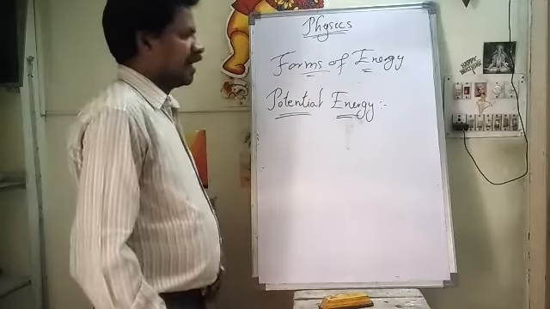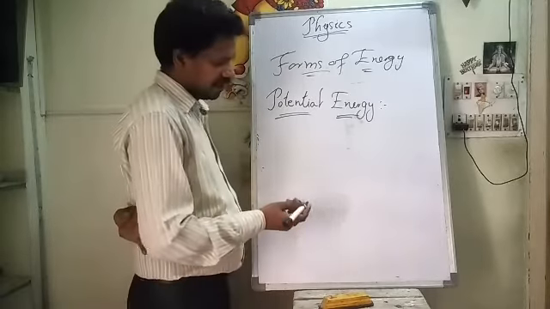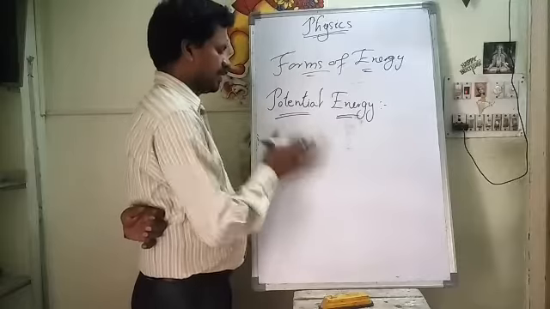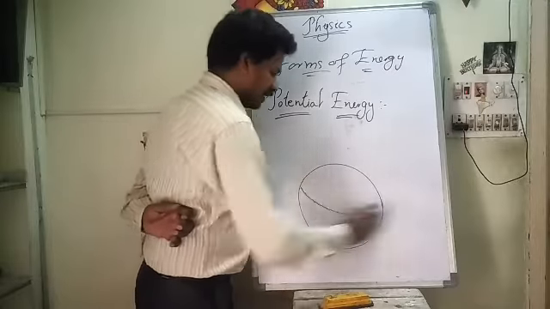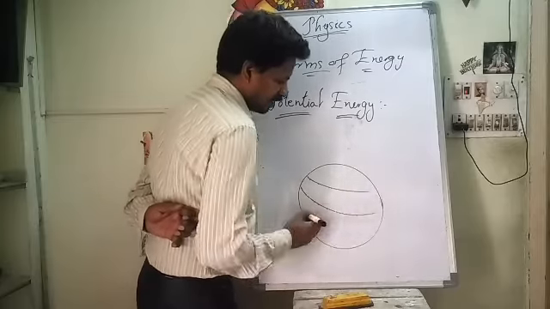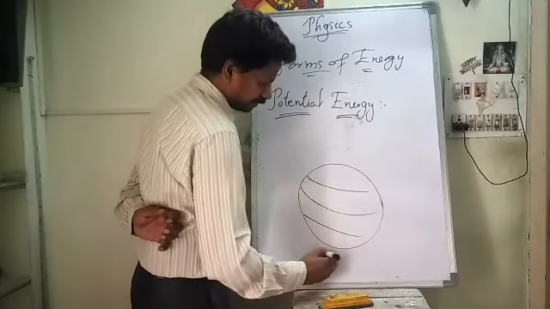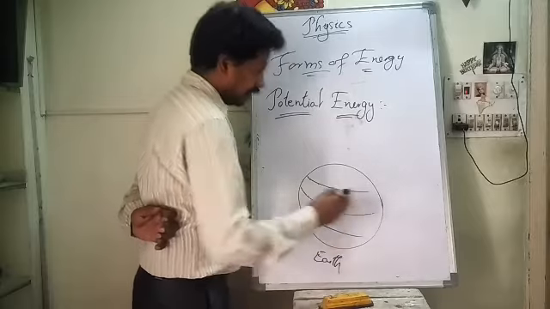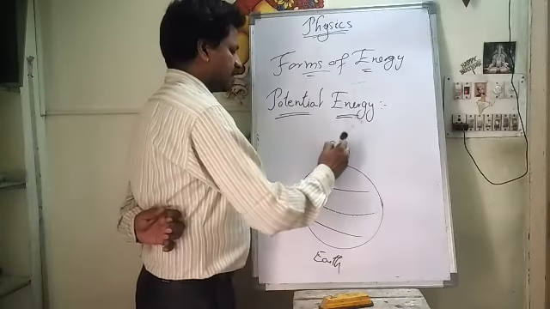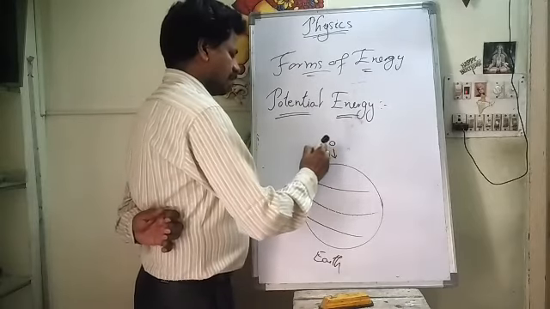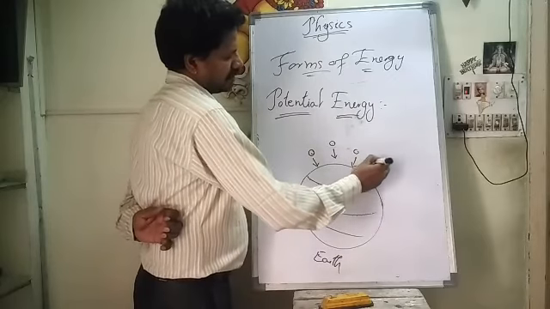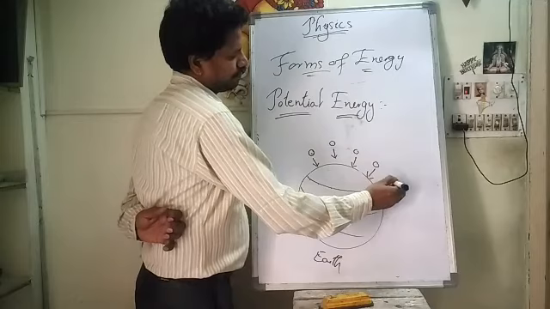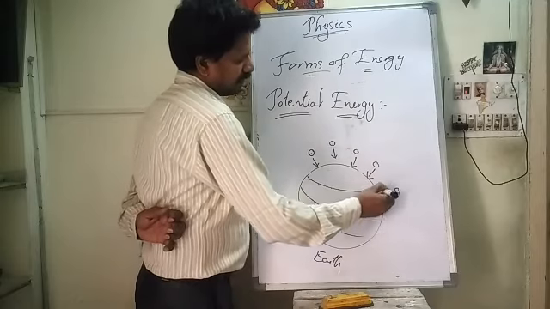Basically we can say the potential energy belonging to the earth is gravitational potential energy. This is the earth. Any object always falls on the earth.